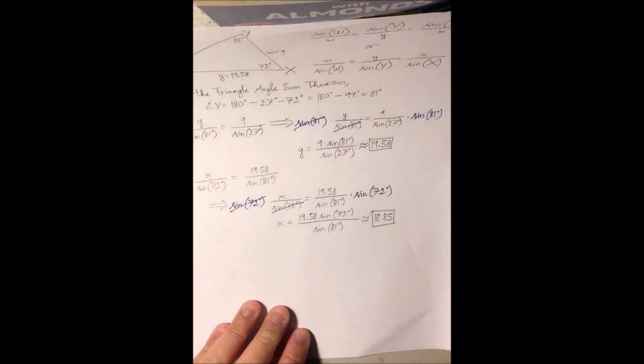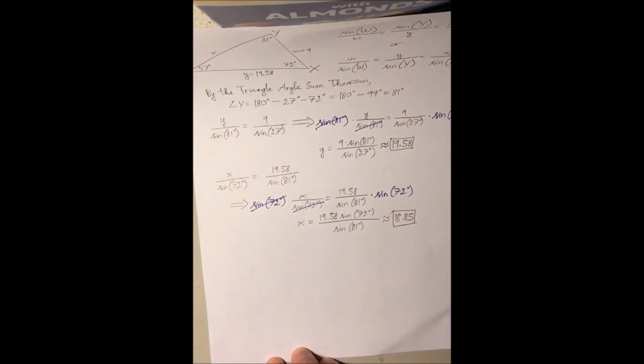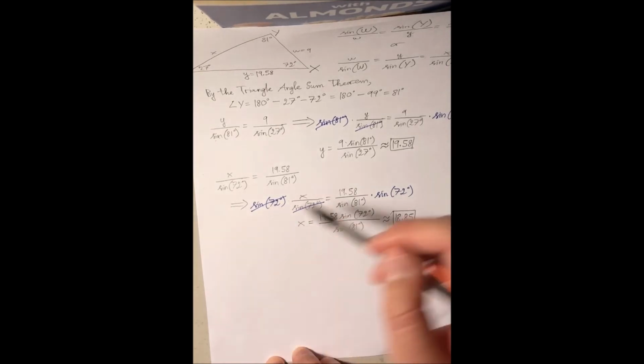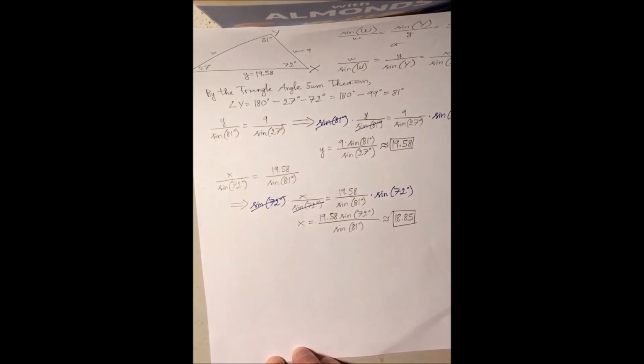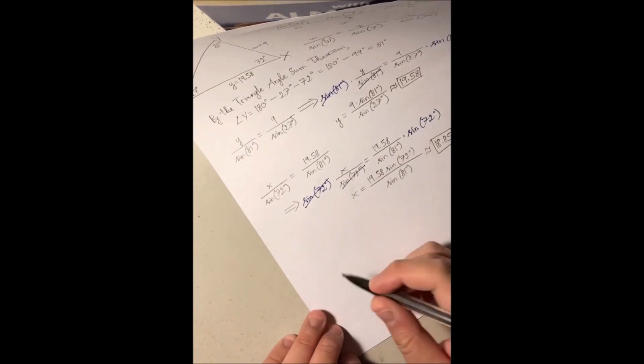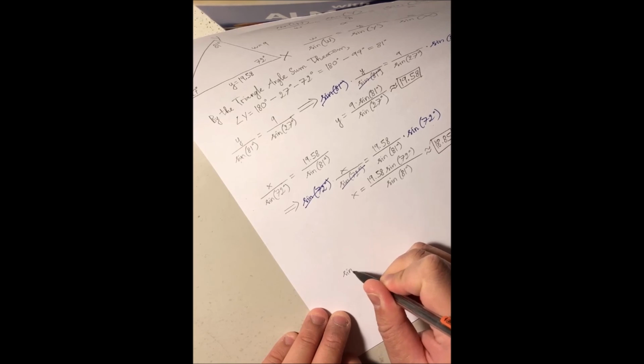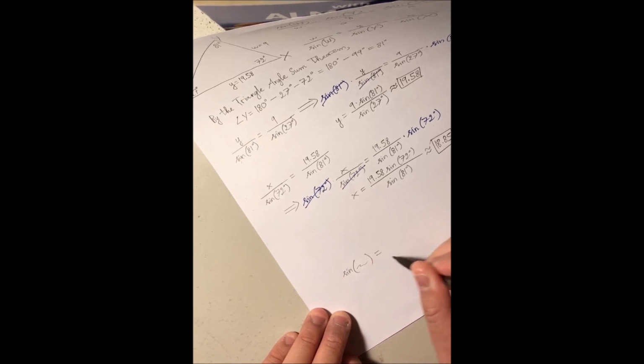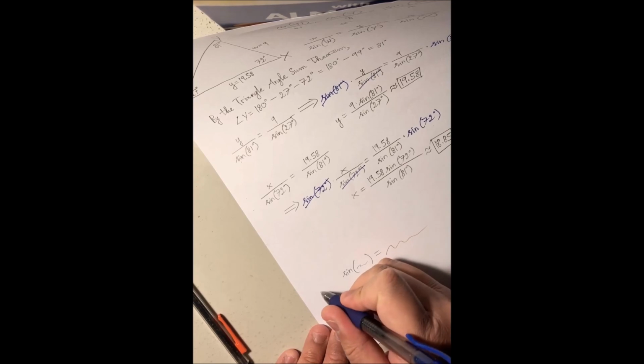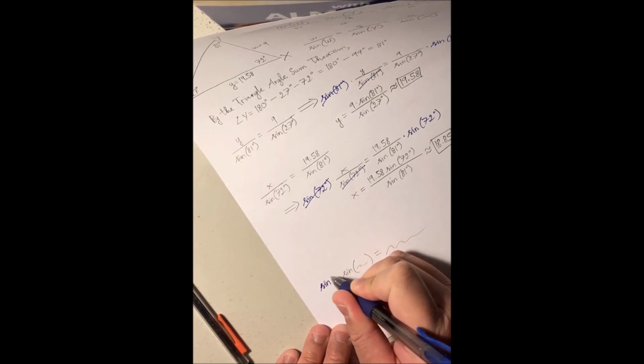Hopefully you guys can see it. Now, if you want to evaluate one of the missing angles, you would probably set it up the same way or in a similar way. Toward the end, you would have something like sine of whatever equal to something else. To get this whatever angle by itself, you would have to do the inverse trick to both sides.